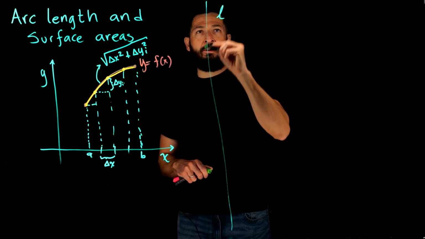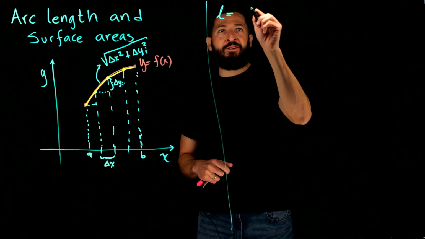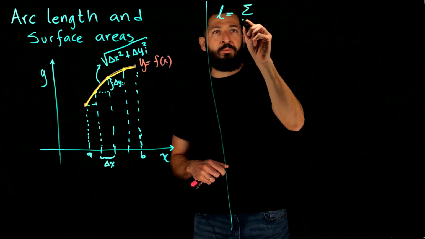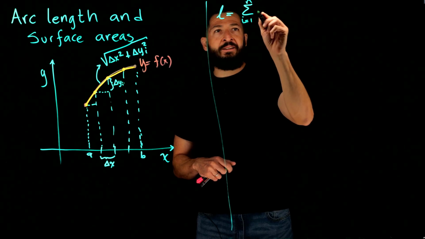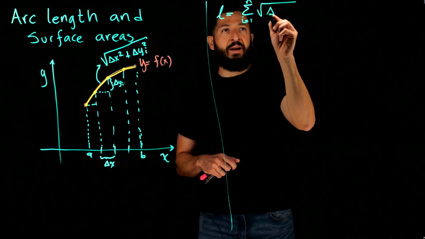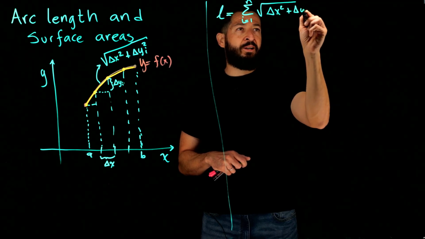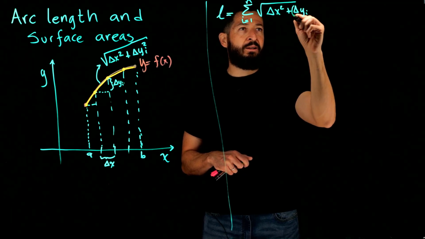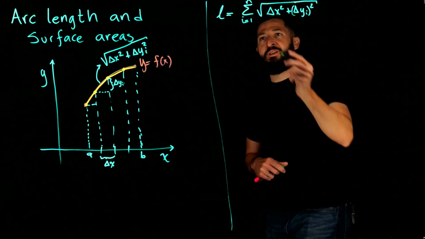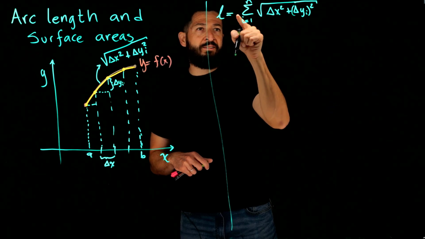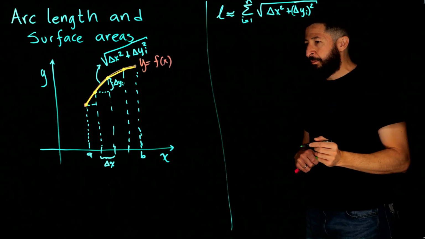Let's call it little l, for length. It'd be the sum from i equals 1 to n of these lengths, which are going to be the square root of delta x squared plus delta yi squared. And that would give you an approximation. If you want exact, you're going to do a limit as n goes to infinity. So let's do an approximation there.